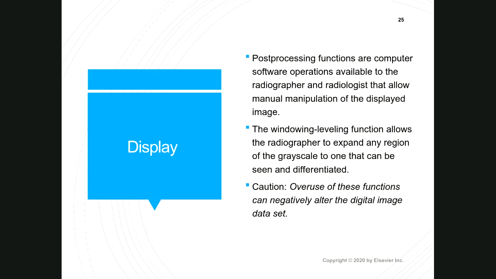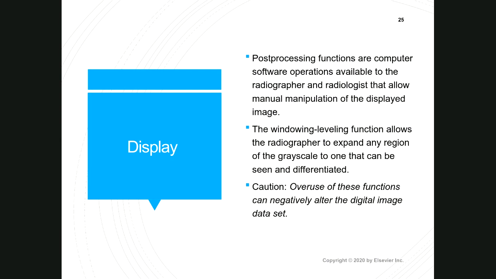All right. The post-processing functions that we've talked about before are computer software operations that allow not only the radiographer but the radiologist to manually manipulate the displayed image, meaning you adjust the window level and adjust your brightness, and you could adjust your window width and adjust your contrast.